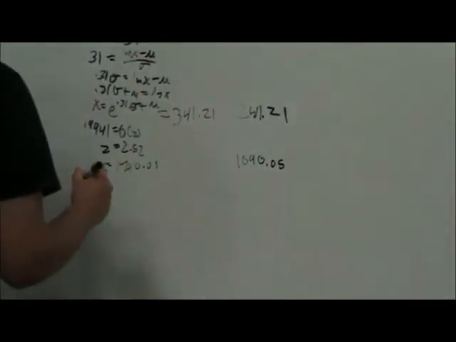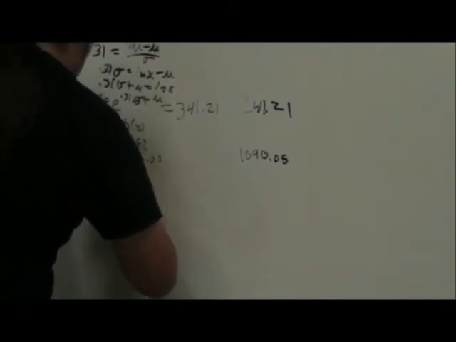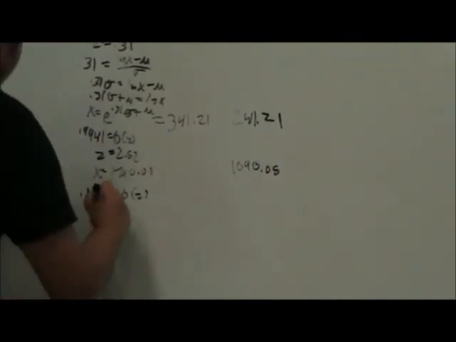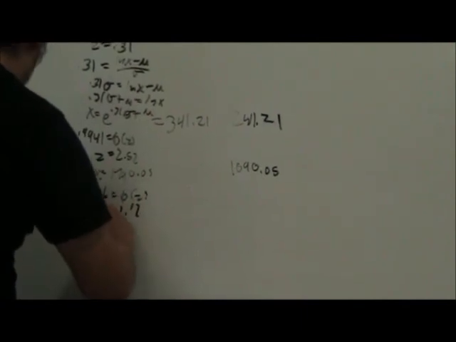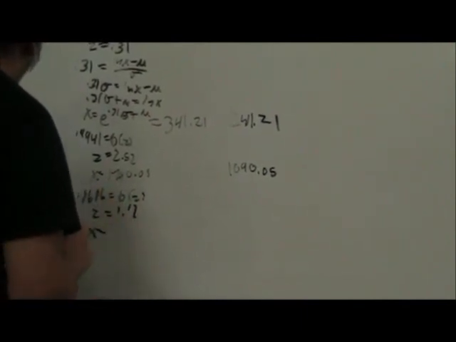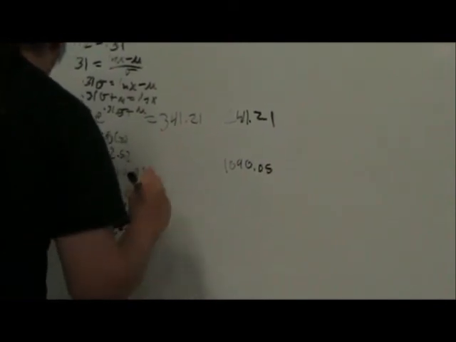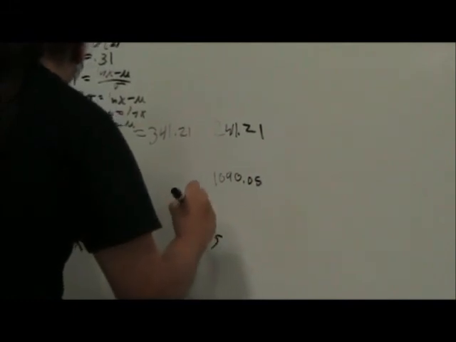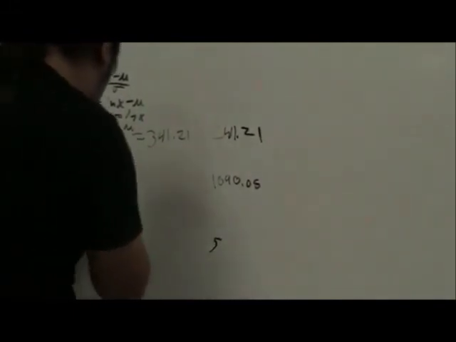And now for u equal to 0.8686, you get a z value of 1.12, and you get x equal to 626.41, and you get a payment of 526.41.